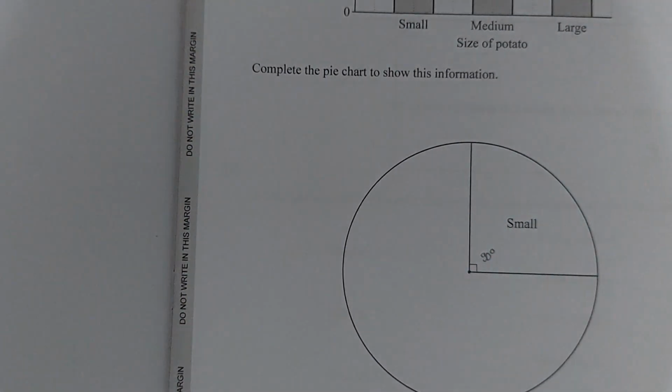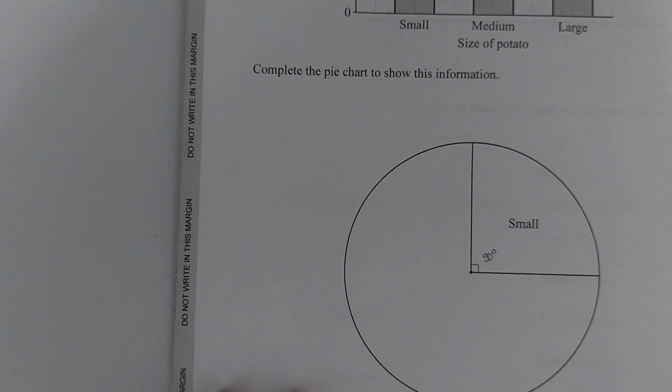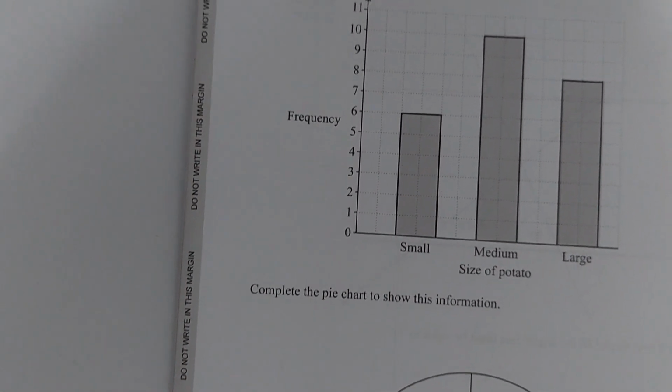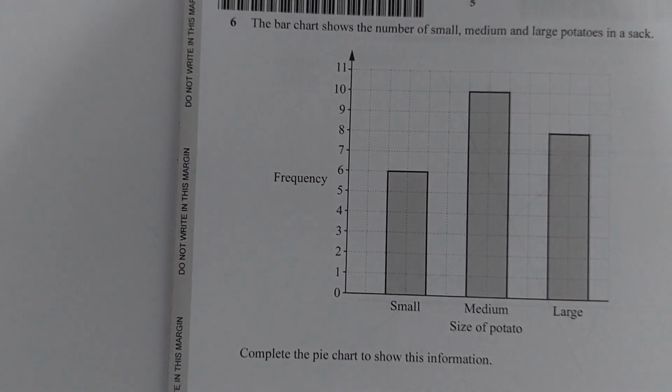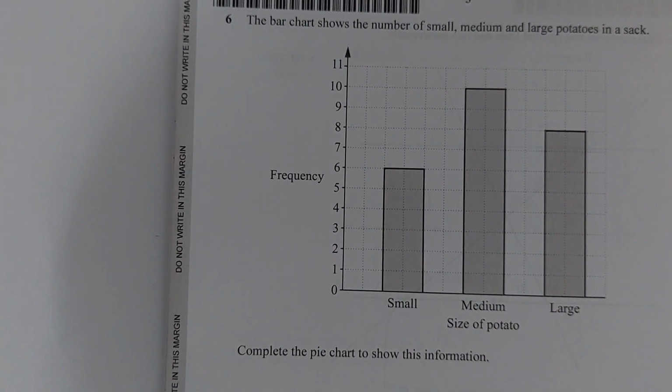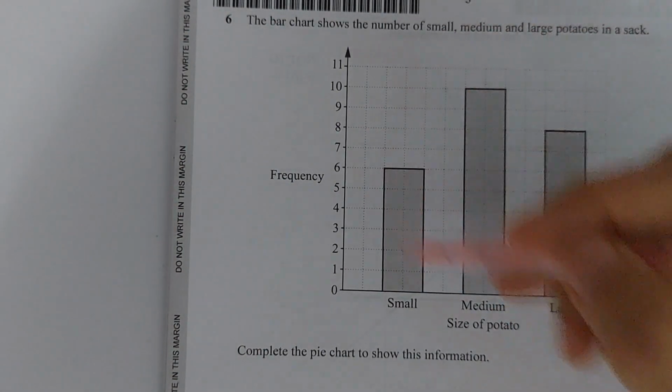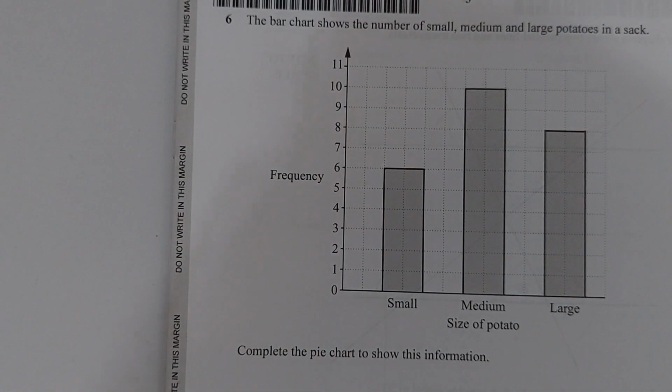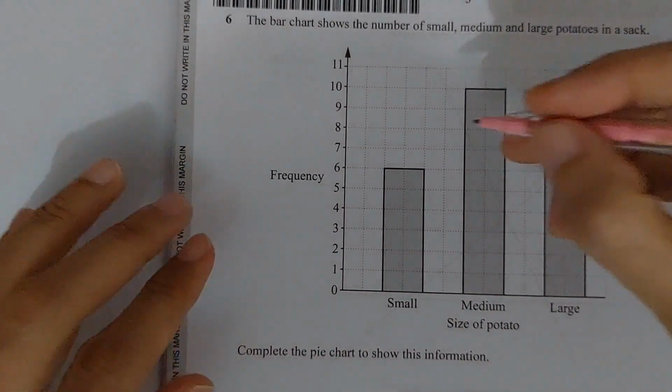How do I get that? Well, we will look on this one, guys. First, you need to figure it out. How many potatoes available in this scenario? The total of potatoes, small, medium, and large. Okay, we calculate.